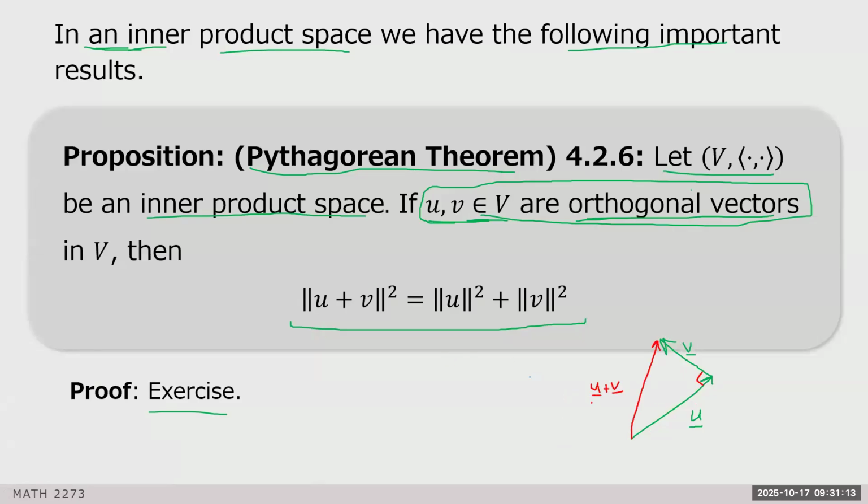What this is saying is that the length of this one squared, which is the hypotenuse, is equal to the length of this one squared plus the length of this one squared. So the square of the hypotenuse is equal to the sum of the squares of the other two sides, which is the Pythagorean theorem.